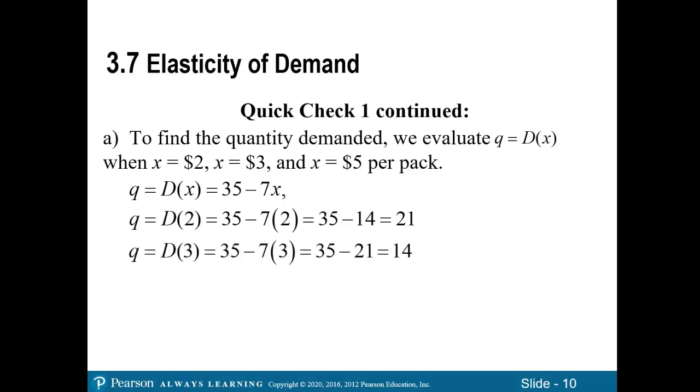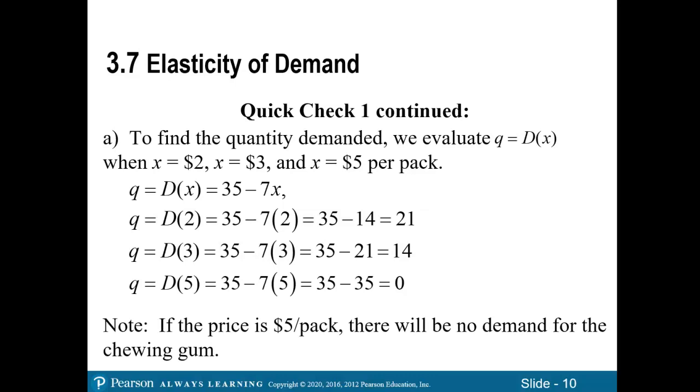When it's $3 a pack, I plug in 3 into my demand function and get 14 packs a day, so they sell less when the price goes up. And then when it's $5 a pack, the demand is 0. So note here that at $5 a pack, there is no demand for the chewing gum. It's just too expensive.